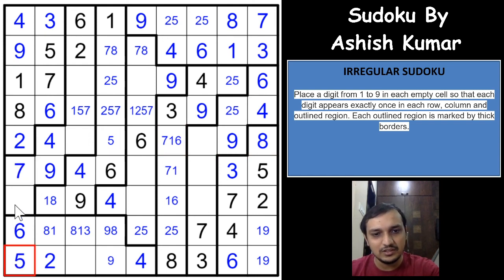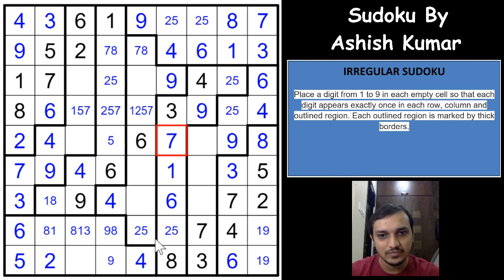That gives you a 5 here, that gives you a 3 here, and that 7 gives you a 1 here, a 6 here, a 7 here, and the 2 digits here are 2 and 8, right? And it is possible anyway. 1, 8 and 5 are the digits here, right?